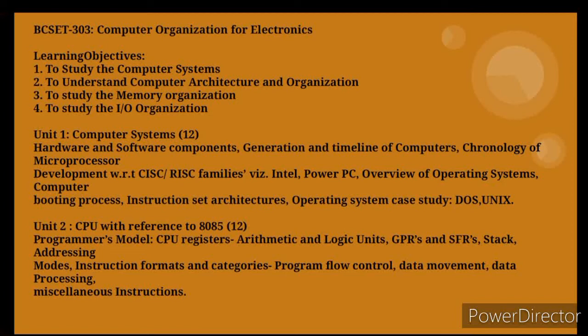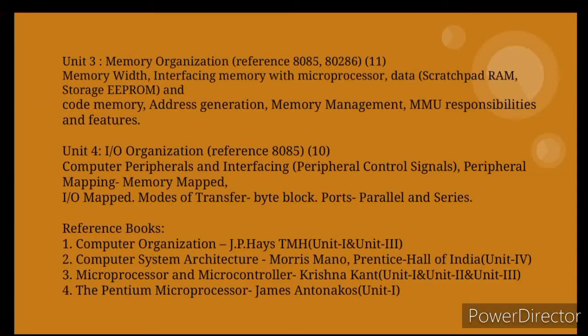Next is the instruction format: how to write an instruction and the number of instructions in the program. Instruction format and its categories. Next are program flow control, data movement, data processing and miscellaneous instructions, which are the categories of instructions. That is Unit 2.